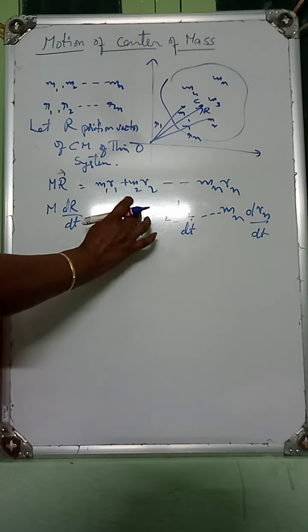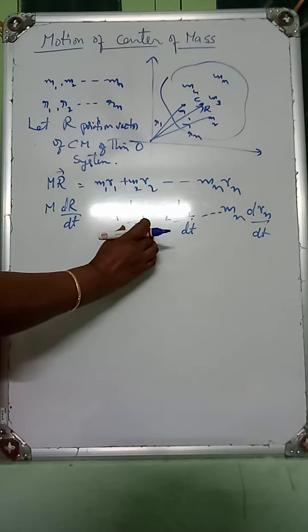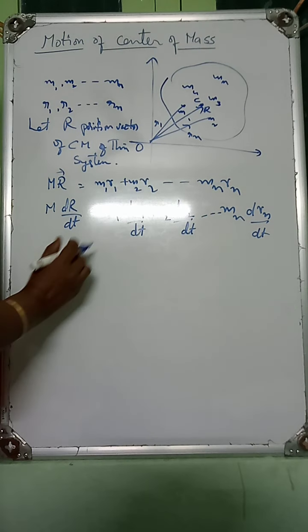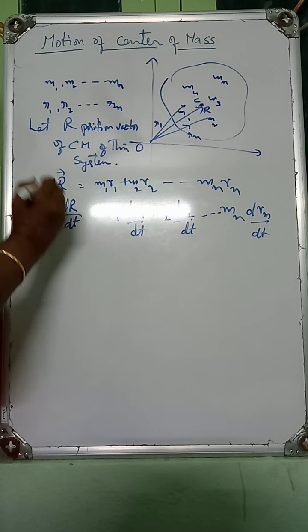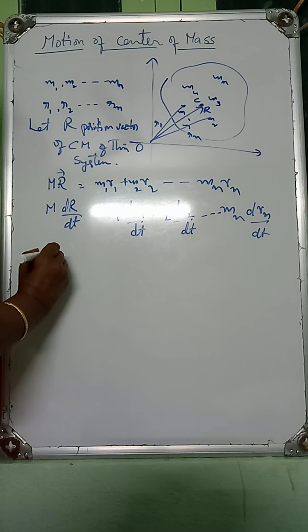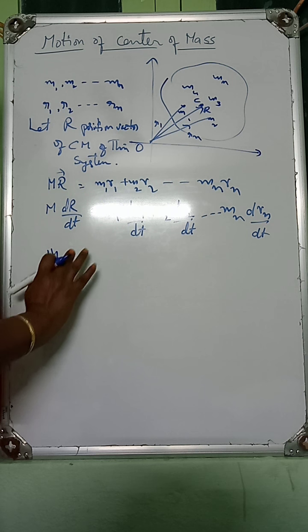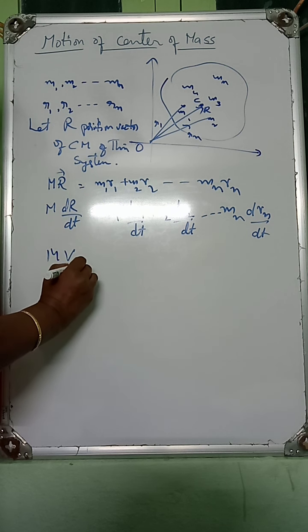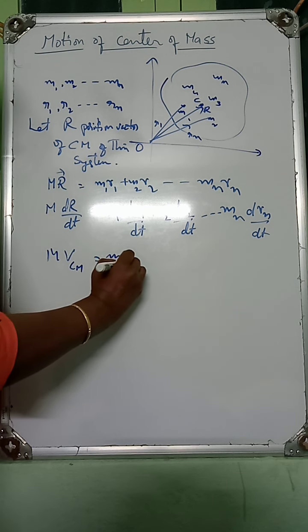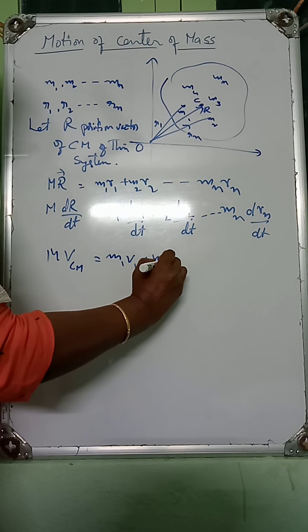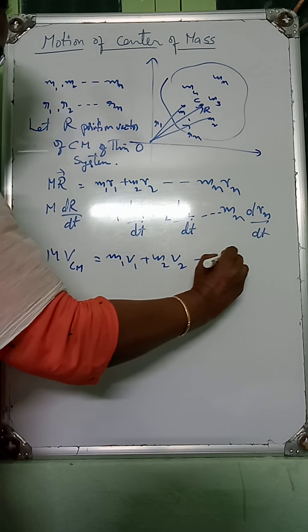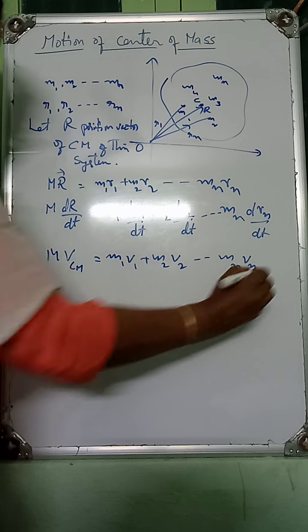What is the rate of change of position vector? Rate of change of position gives velocity. Capital dR by dt gives the velocity of center of mass. So M VCM is equal to m1 v1 plus m2 v2, and so on up to mn vn.